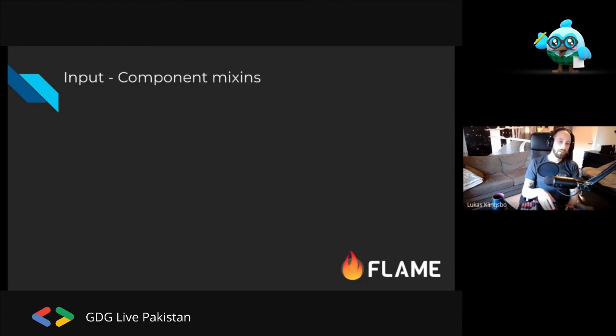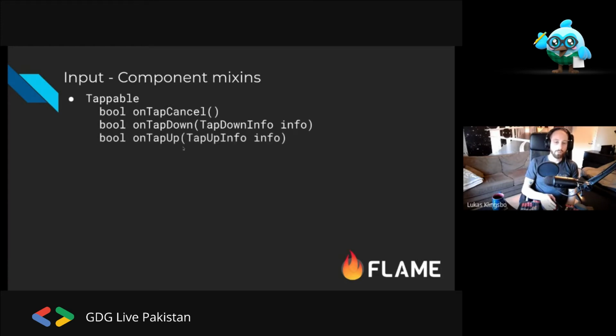And then we also have input that the components can react directly to. So if you build your component, you can just add a mixin to say that, okay, this component should be able to react to taps. And then it reacts to taps that are on top of that component. And then you can just implement these methods to see what logic you want to do when that event is happening.